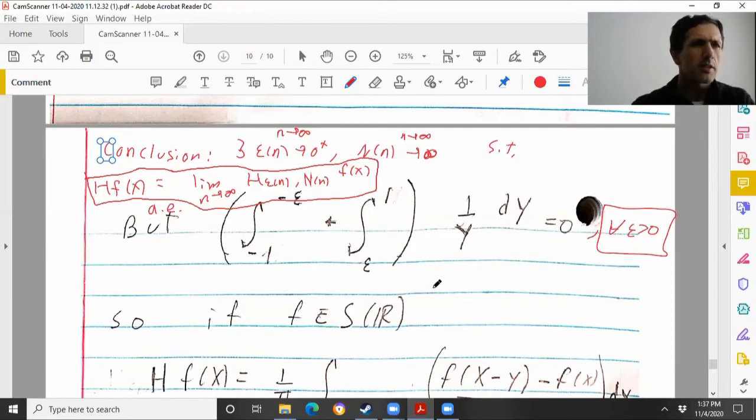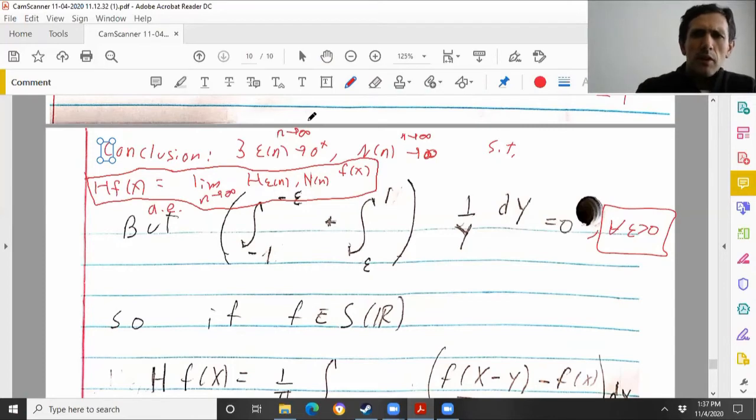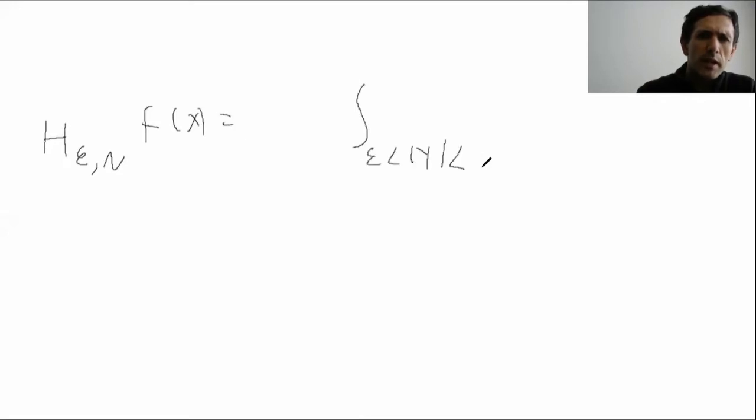So what does that mean? Let me go to the whiteboard real quick. Maybe black here so it's a little easier to write. Sorry about that. Okay, so h epsilon n f of x is going to be this integral here, epsilon less than y less than n.